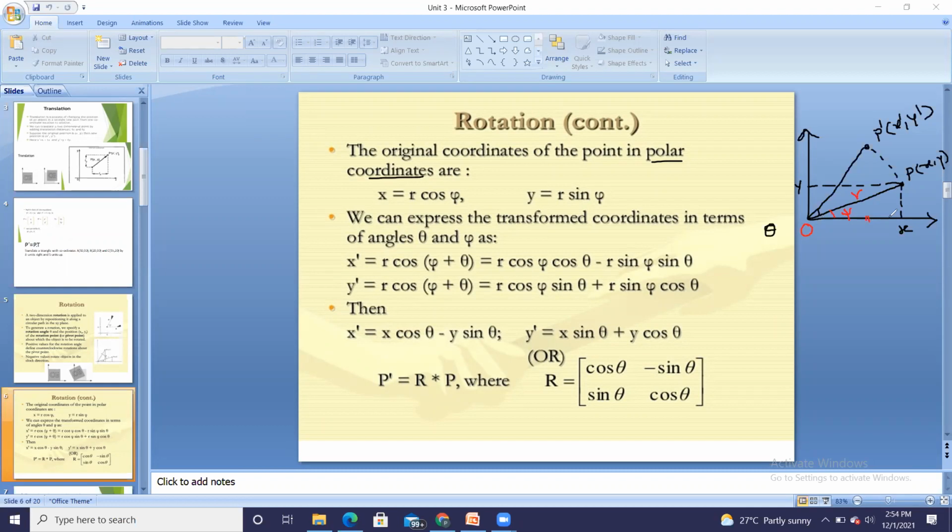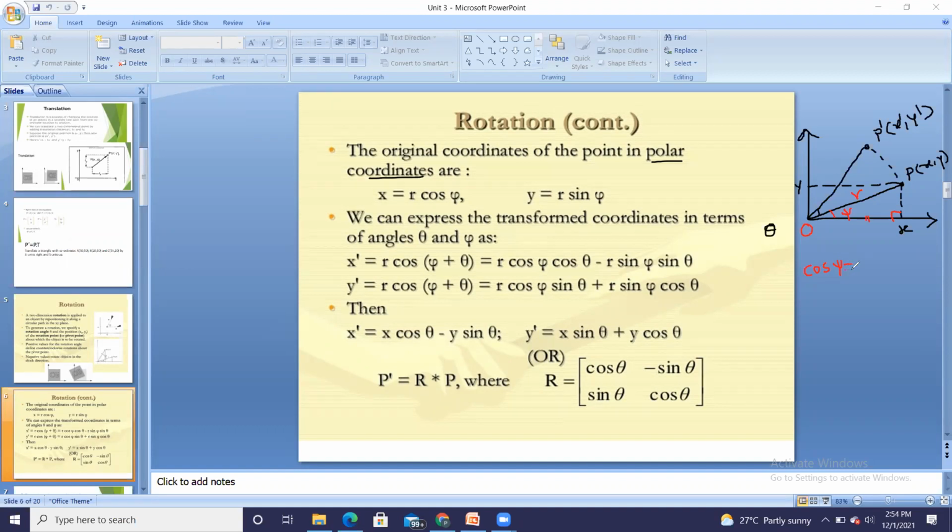I am simply applying that this angle is perpendicular, this 90-degree angle, this line is perpendicular. So what is the value of x I am getting? What is cos psi?